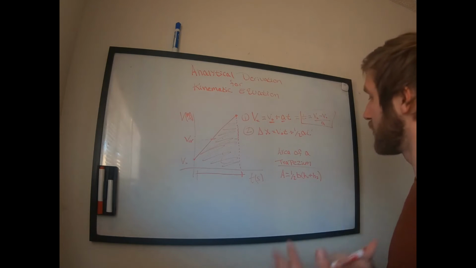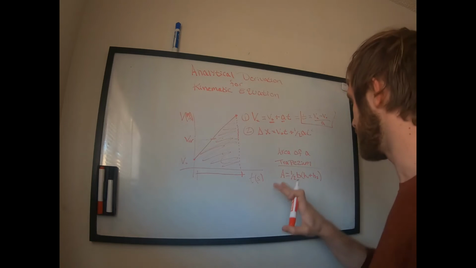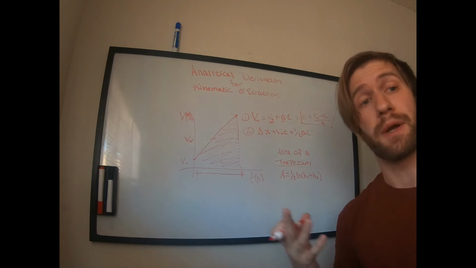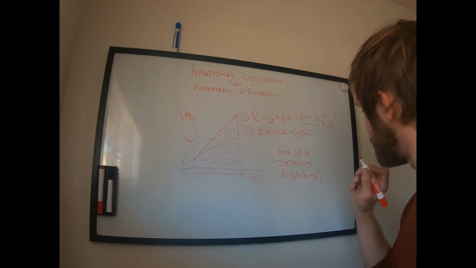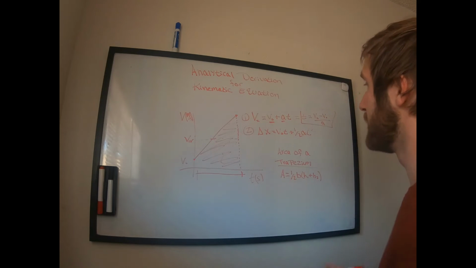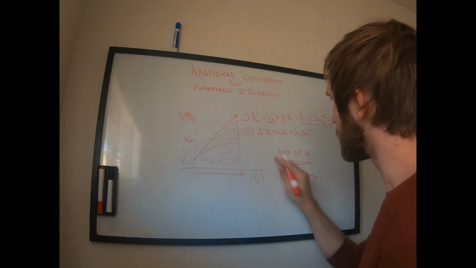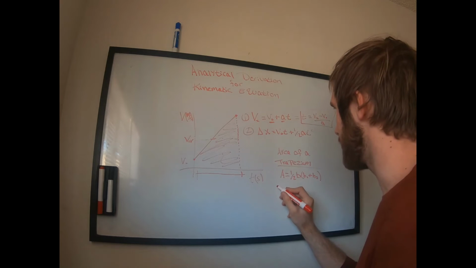And from there, we can begin to fill in the variables that these are representing in our diagram. So what will that be? Well, our area, as we just verified before, is simply our change in position. So we can replace our area A with change in position here.